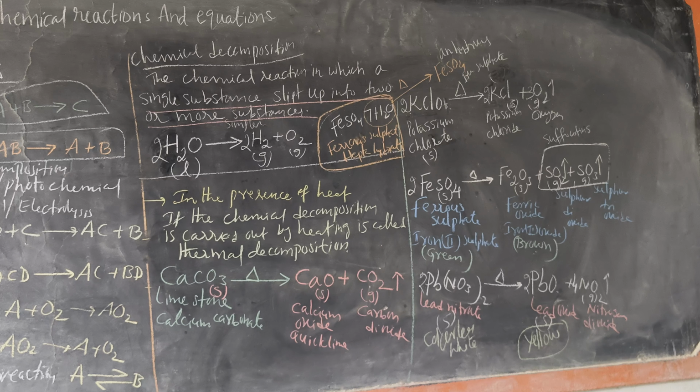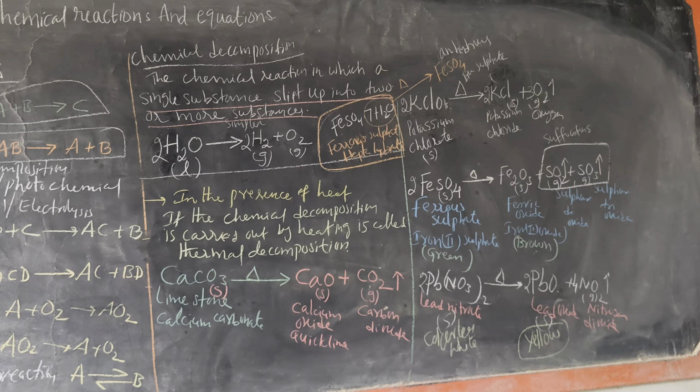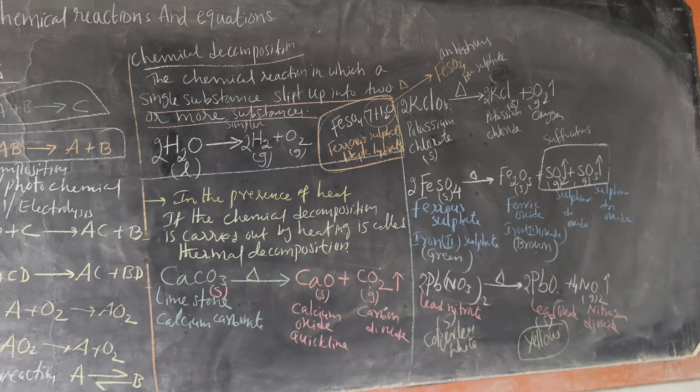If the decomposition reaction is carried out in the presence of heat, it is called thermal decomposition. So these are the example reactions for chemical decomposition. One type of chemical decomposition is thermal decomposition.